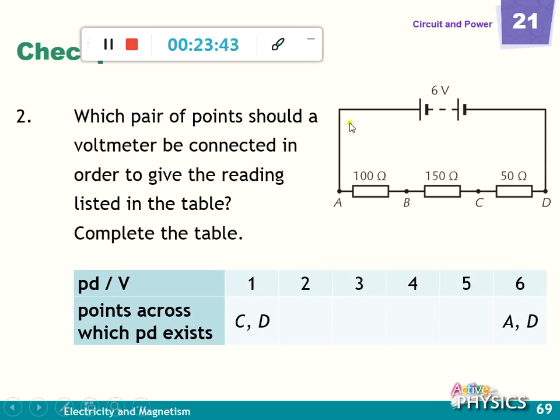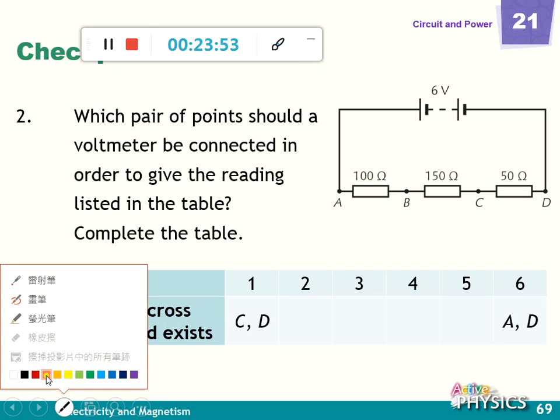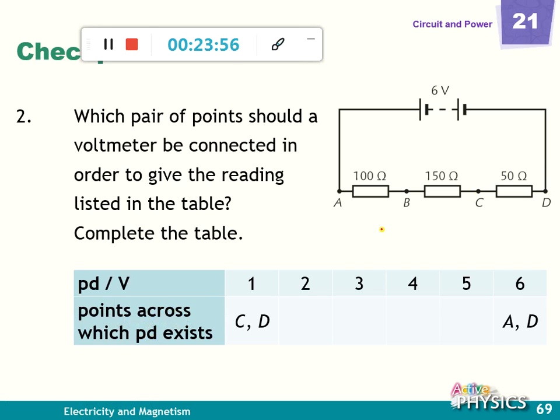Okay. Question number 2. Here we want to list out what's the PD in different connections of it. In this case you should know the division of the voltage, because we want to focus on the voltage, the PD. Try to find out the resistance of them: 100, 150 and 50.